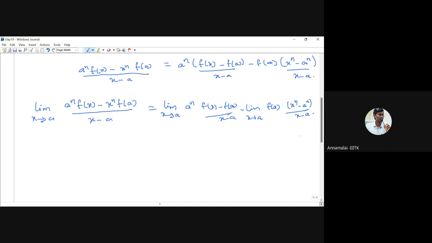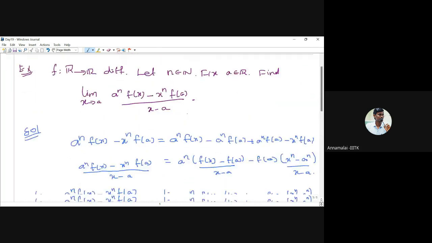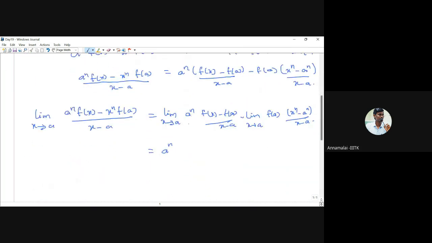Now since a^n is independent of x, you can take it outside from the limit. Therefore a^n into the limit of (f(x) - f(a)) / (x - a). Since we are given that f is differentiable on R, this is nothing but f'(a). So this is a^n f'(a) minus, since f(a) is independent of x, you can take f(a) outside from the second term, and the limit as x goes to a of (x^n - a^n) / (x - a).